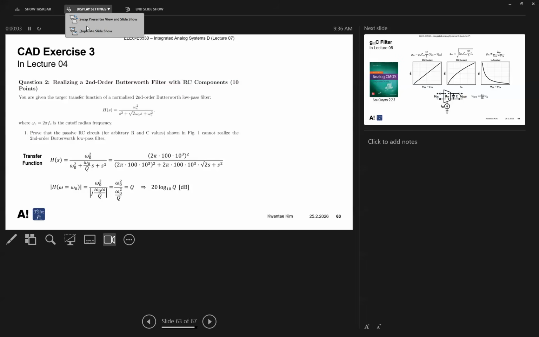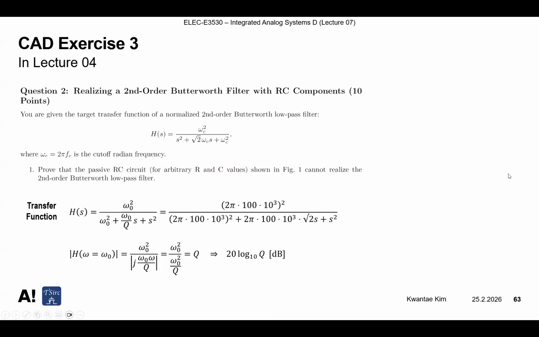Okay, so in the previous quiz, we went through this second order Butterworth low pass filter. The answer is, if you just plug in omega 0 for the 100 kilohertz natural frequency, you can get the transfer function like this. And the Q factor should be equal to 1 over square root 2.